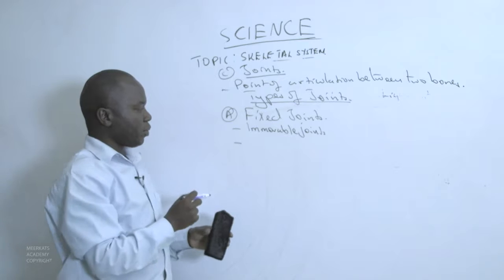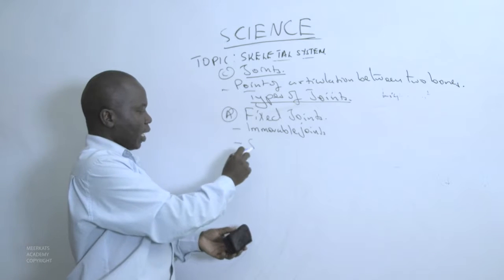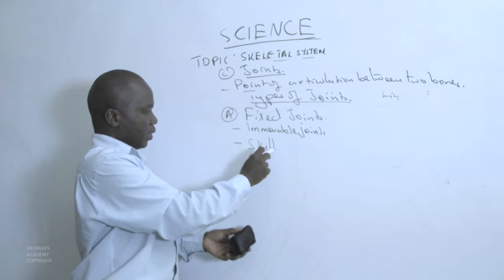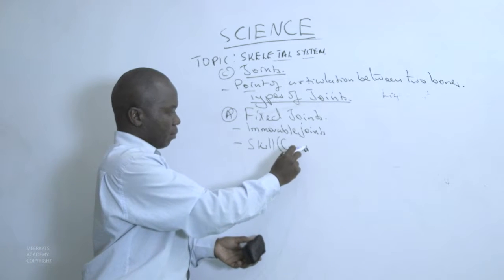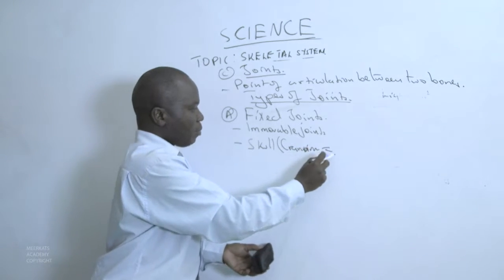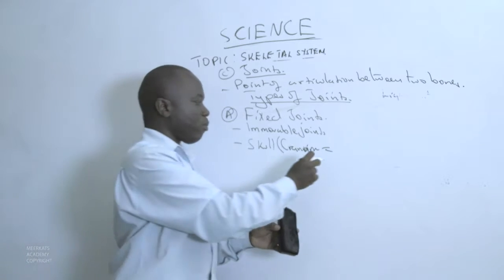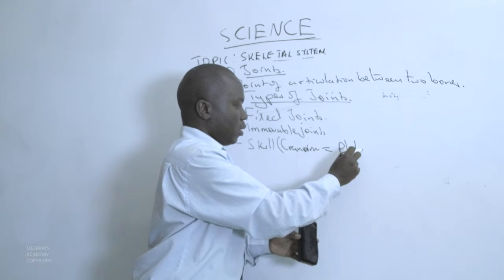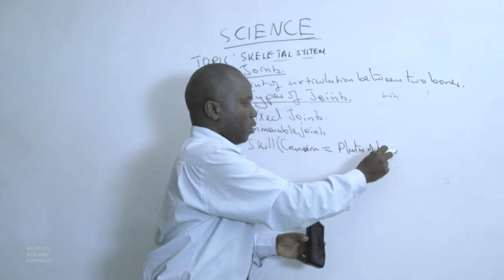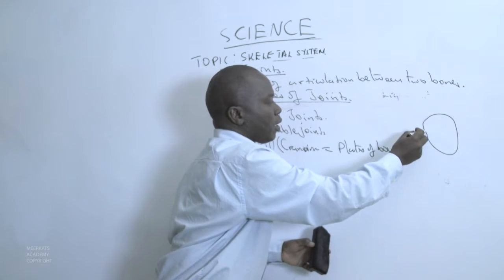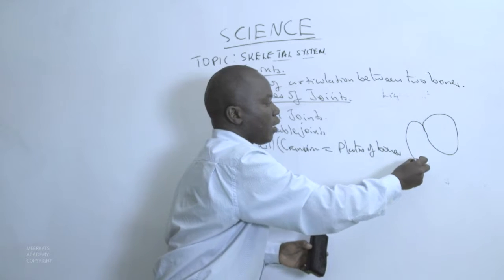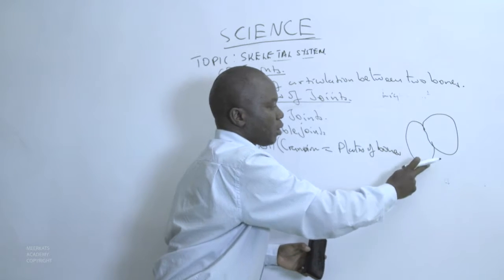Very good example is when we are looking at the skull. We say that the skull is made up of cranium. And the cranium is made up of plates of bones. So those bones are usually fused together. There will be one bone there, another bone at that point.